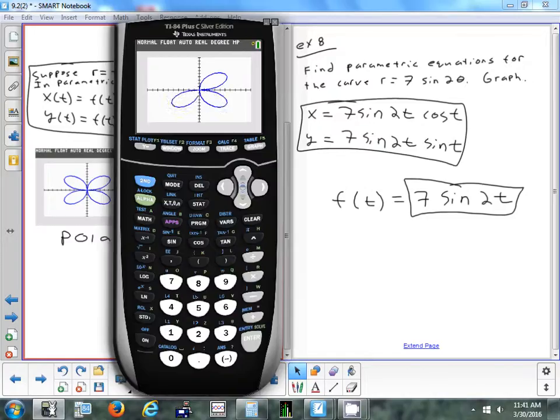We had 7 sine 2t. Anybody have a guess what either the 7 or the 2 affects in that picture? What do you think the 7 does? It affects where it moves or how it moves. All right, let's try changing it to 3.